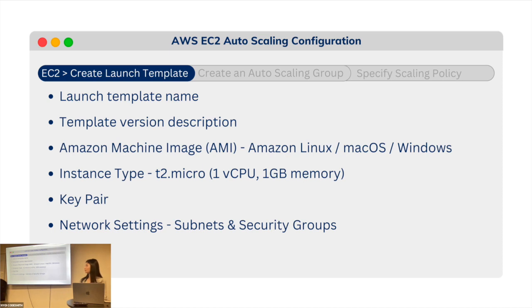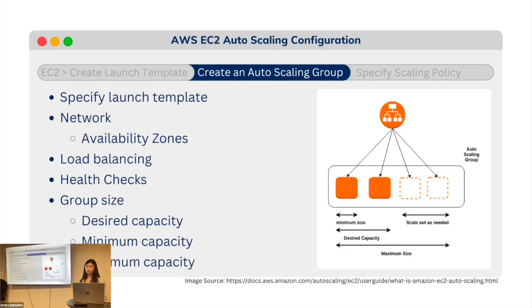Once you have that configured, you will then move on to component number 2, which is the bread and butter. You will be creating an auto scaling group. First, you will want to point that to the launch template that you had just created. And also, if you want your ASG to support multiple availability zones, you want to specify that here as well. Then if your application has a load balancer, you will also want to link the load balancer to this ASG.